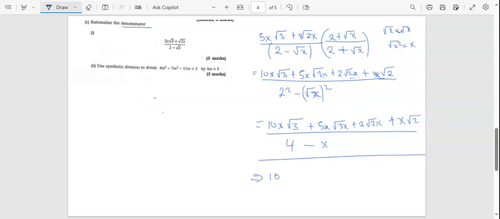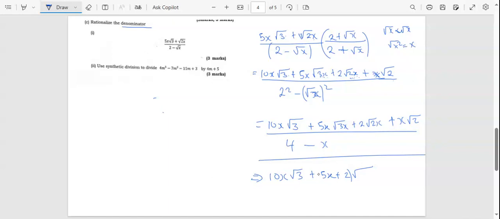So you say 10x root of 3. Then this and this, they are all matching. They can match inside. So what you do is you add these ones inside. So we have outside there 5x, plus 2, then root.